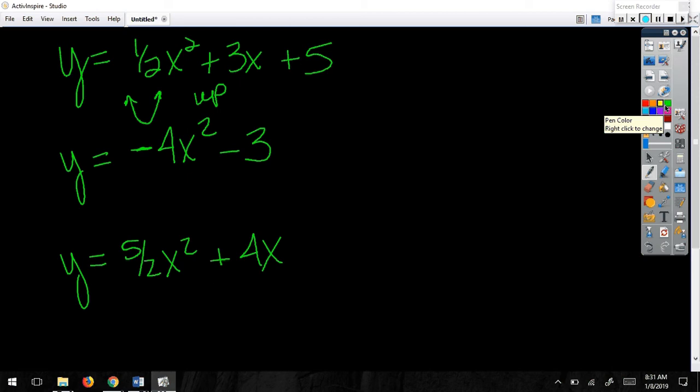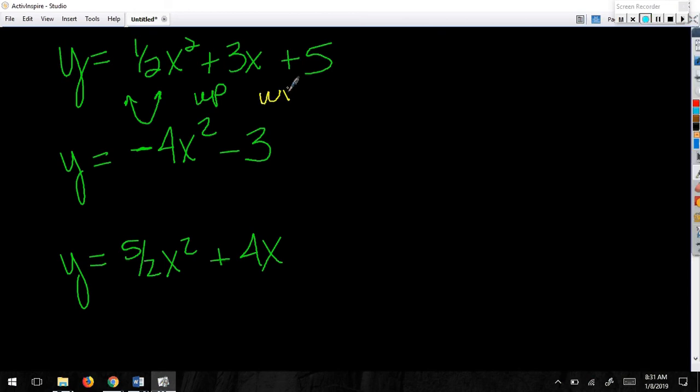Wide. Why? Wide-ish. It's a fraction. It's less than 1, so it's wider than average. Okay. What else can you tell me? Anything? 5 is the y-intercept. So we haven't even graphed anything yet, but you can tell a lot about this graph based on the equation. Do you agree? Okay.